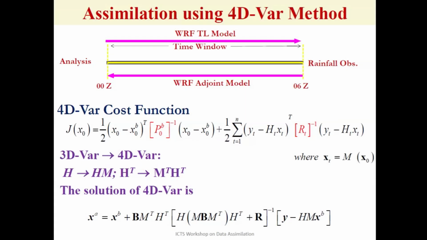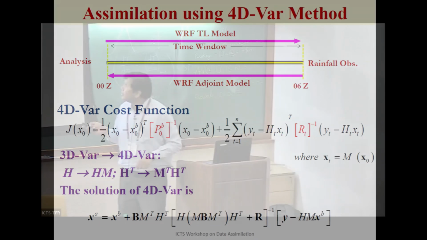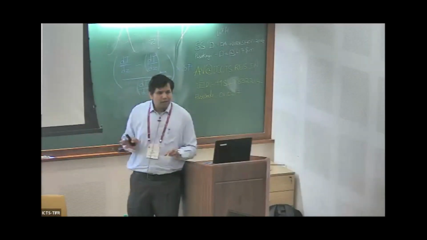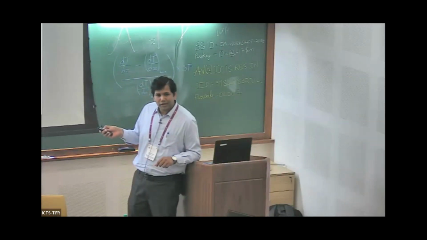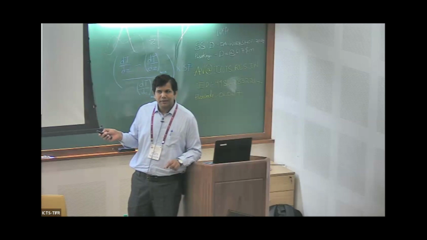Within that time frame, we get some rainfall prediction from the weather model. Corresponding to that 6 hour, we also have a measured rainfall, and then we can use the theory of 4D-Var to assimilate this.